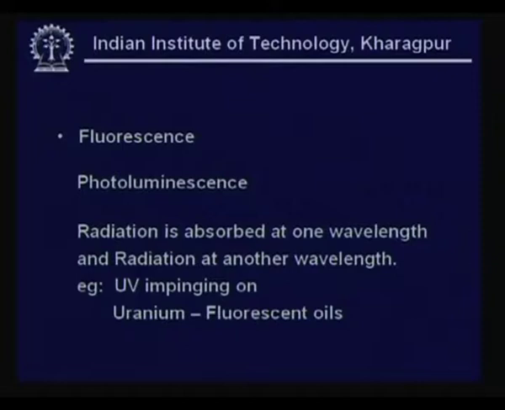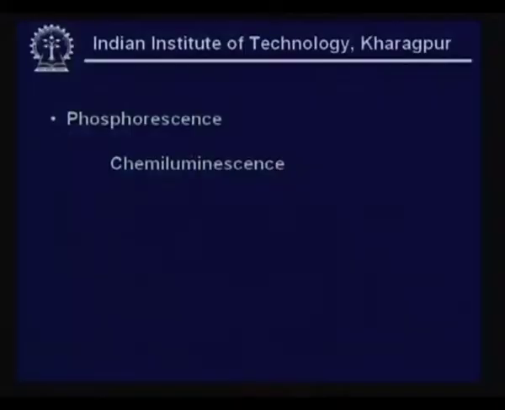Some of the examples could be the fluorescent oils. Uranium is one such material. Zinc is another material which is often used, and as already told to you, it emits a visible light in the visible spectrum. There is yet another physical process which is often used, but may not be directly, but this is what we call phosphorescence.